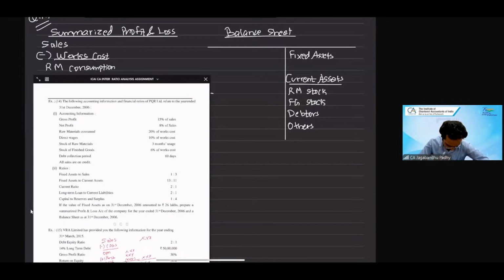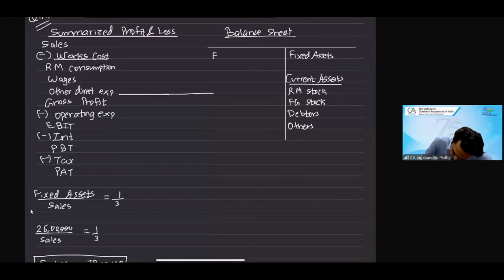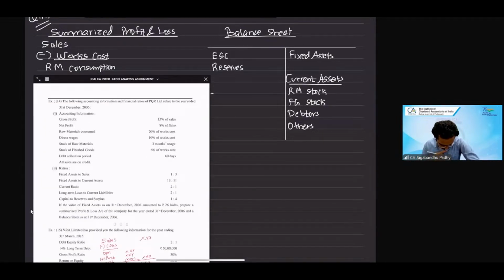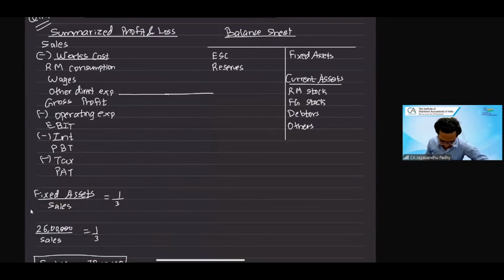But yes, we will have equity share capital, reserves, and then long-term loan and then current liabilities. So these are the items that we need to find out to complete the entire solution.